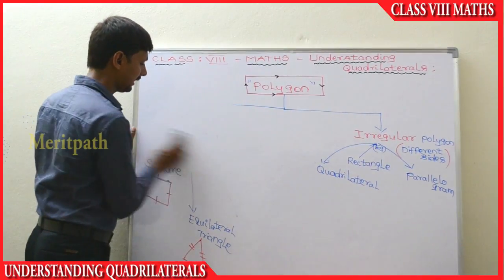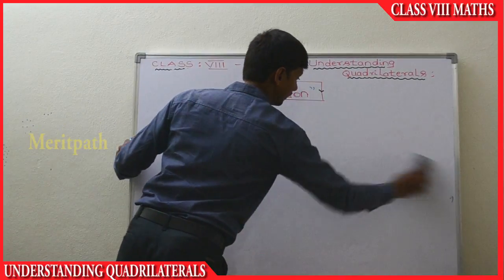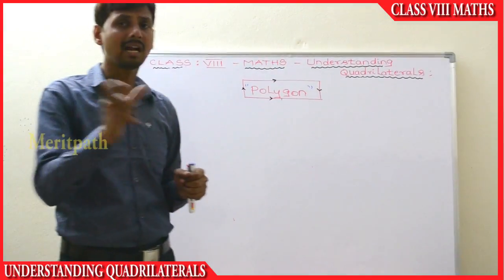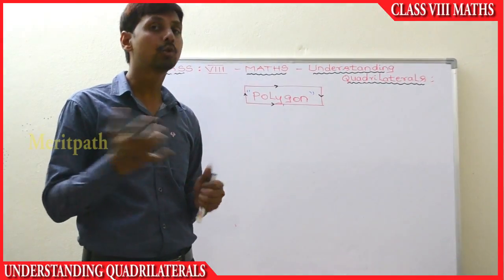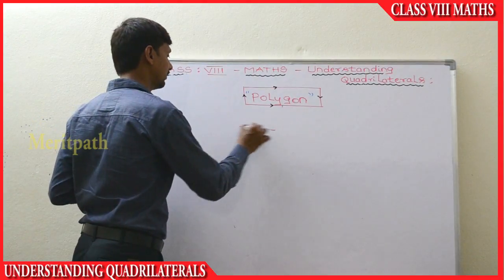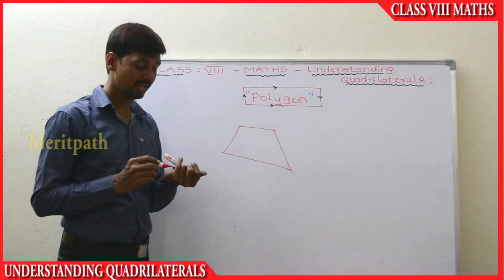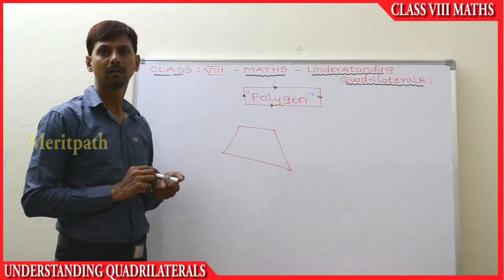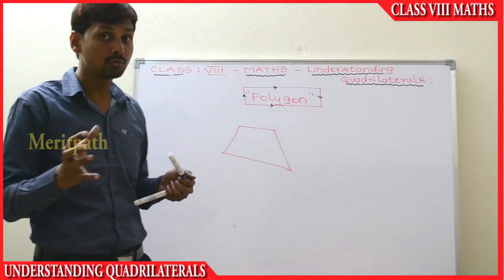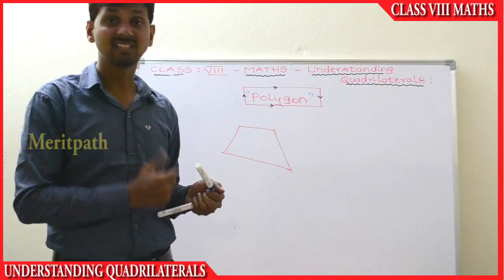If you take any polygon with a number of sides, except a triangle, for example a quadrilateral which has 4 sides, and you join non-consecutive vertices of this quadrilateral.